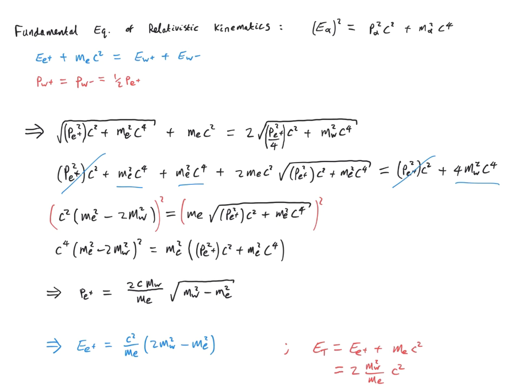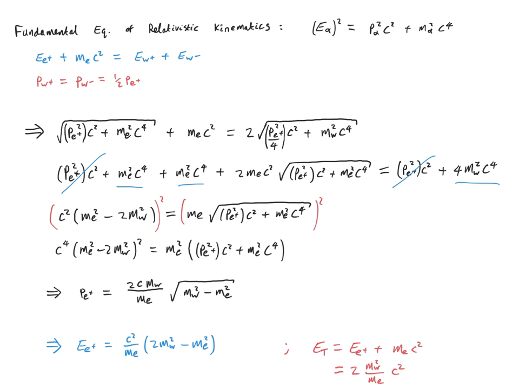And of course, it's correct that it should be different, because the threshold energy does depend on the reference frame. In the centre of momentum reference frame, we found that the threshold energy was 2 m_W c squared. Here, we find it's 2 m_W squared over m_e c squared. We get something different in different reference frames. Of course, in particle physics, there are many different kinds of relativistic collision reactions that one can consider.